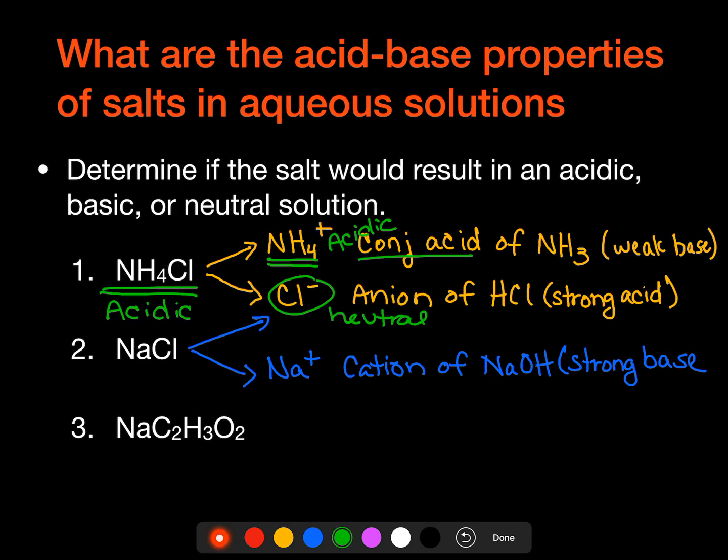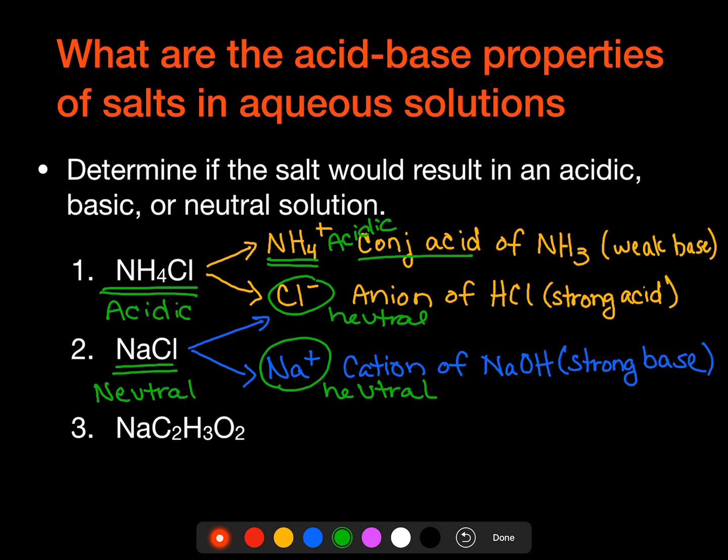So sodium is going to be neutral. We know that chloride is also neutral, so that makes this salt a neutral salt. It is not going to impact pH.